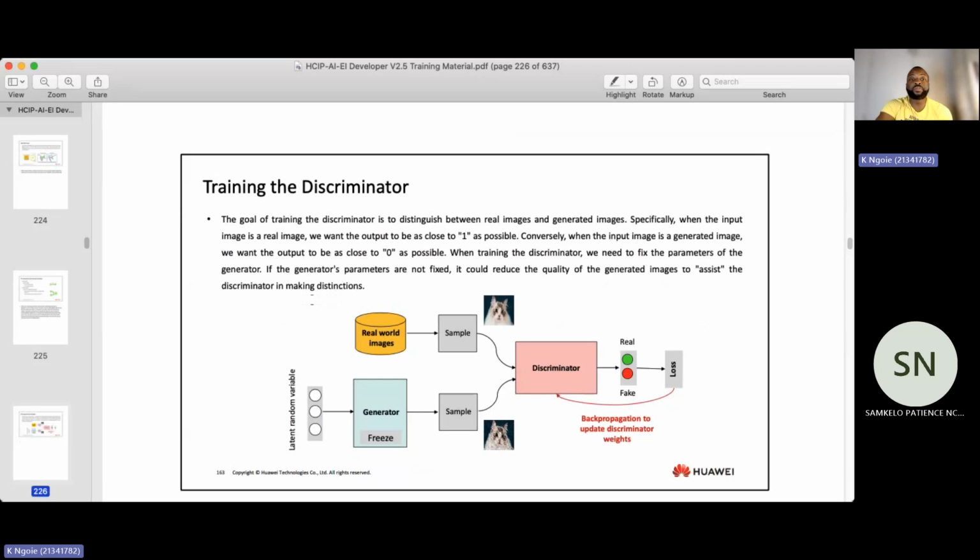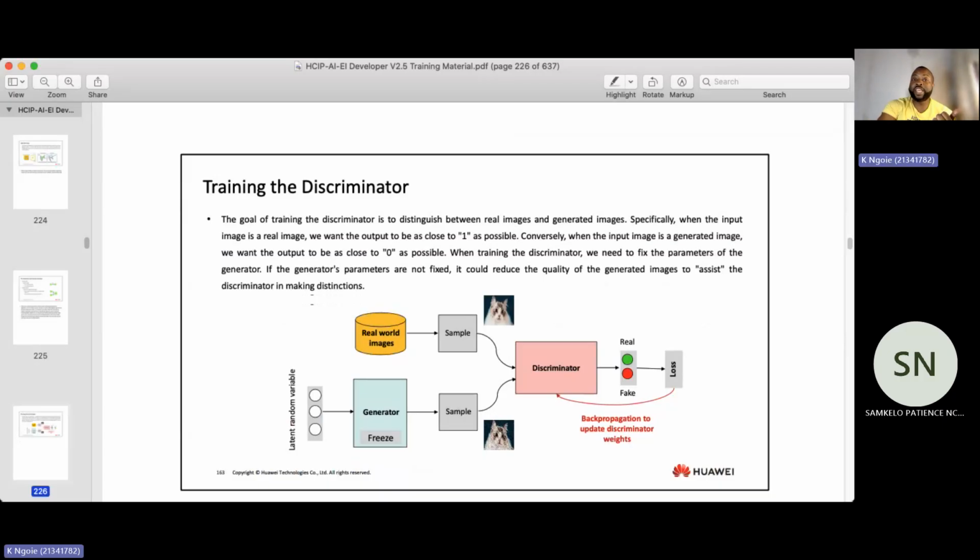So the analogy for you to remember easily is to think of GAN training like a counterfeit money scenario, right? So the generator is like a counterfeiter, a person making fake money, and the discriminator is a police officer trying to detect fakes.